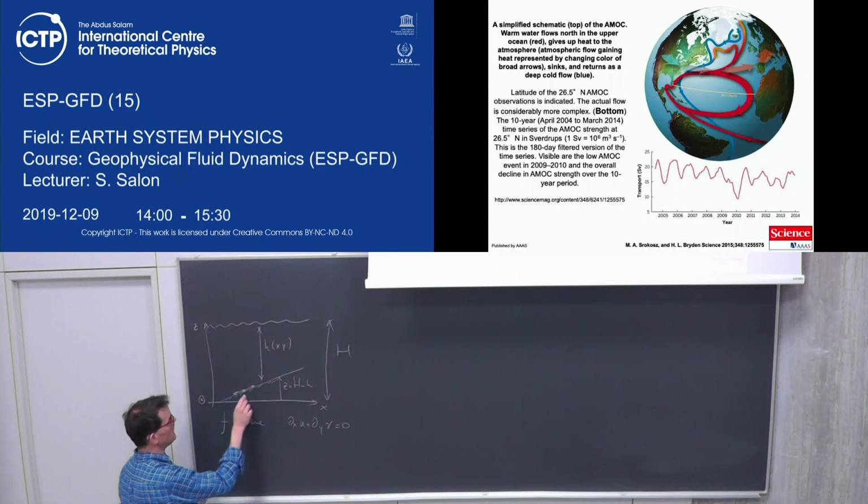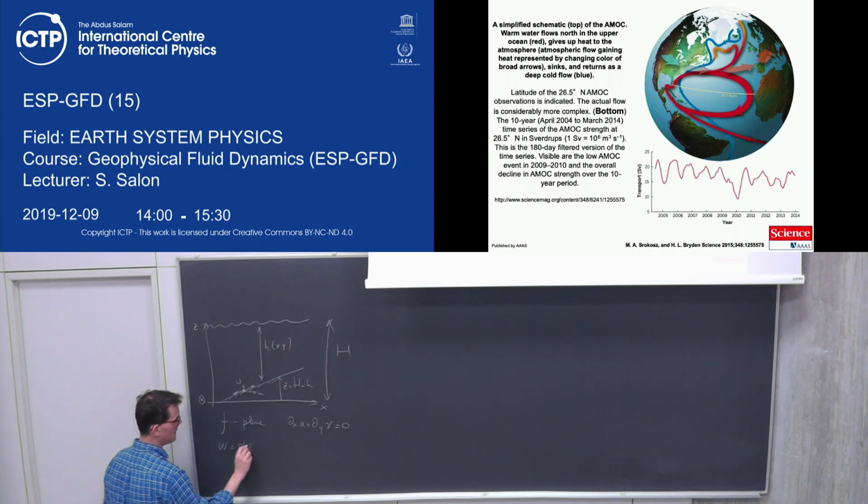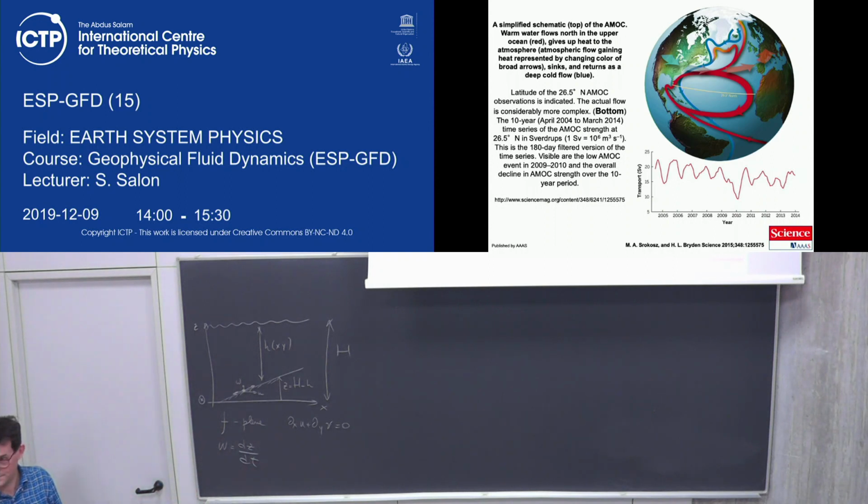If the parcel is going up or down, let's consider the upward direction, it will have a velocity u over the x direction and w over the vertical direction. So w is nothing more than the time variation of z, the usual definition for the velocity.